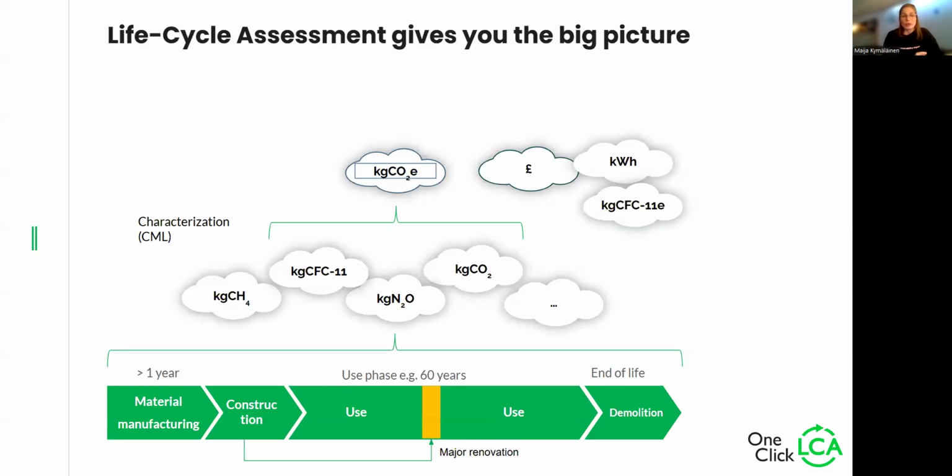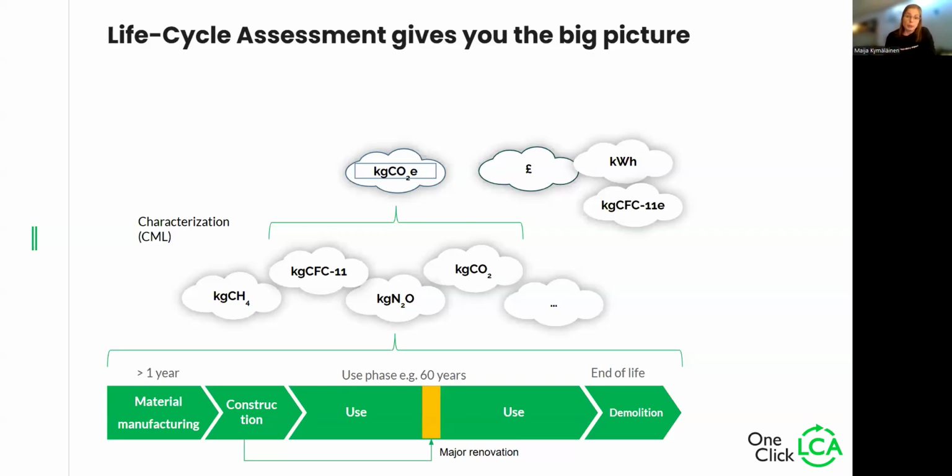For example, for carbon dioxide, we would have a characterization factor of 1, so it corresponds to 1 kilo of carbon dioxide. But for methane, it would be 30. So 1 kilo of methane is 30 times as potent in the atmosphere as carbon dioxide. When we put all those together, we get the global warming potential that we can report as a potential to cause these kinds of impacts in nature.